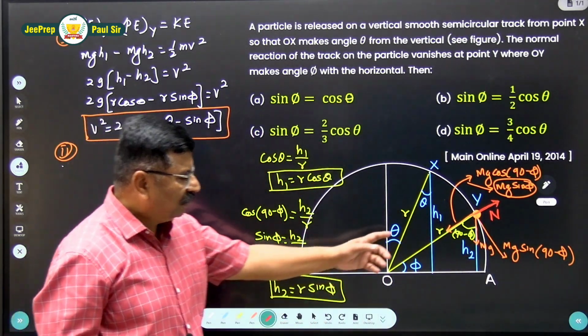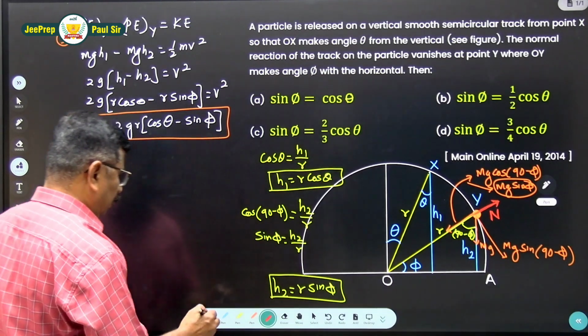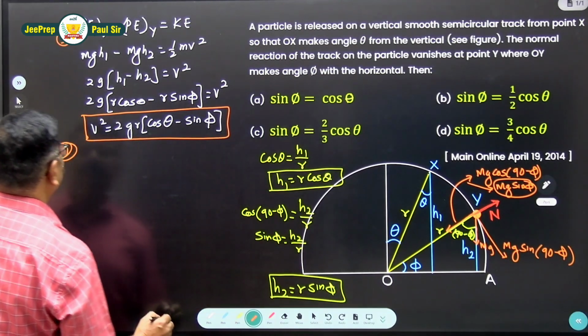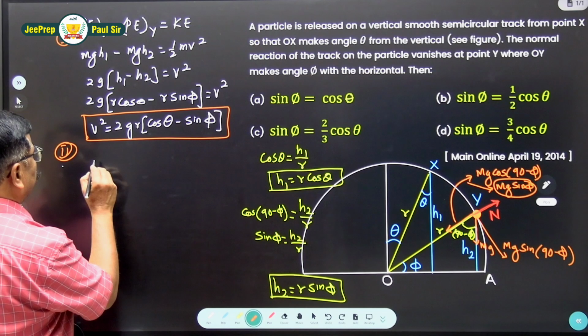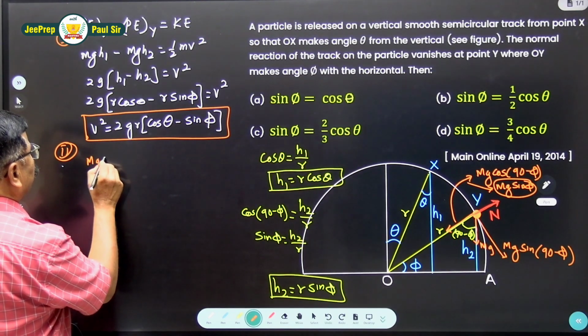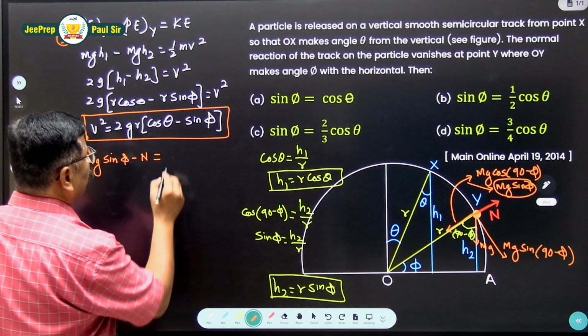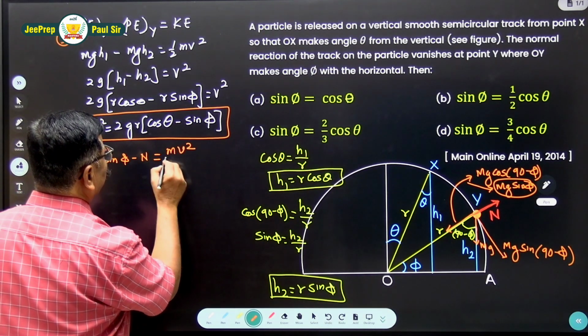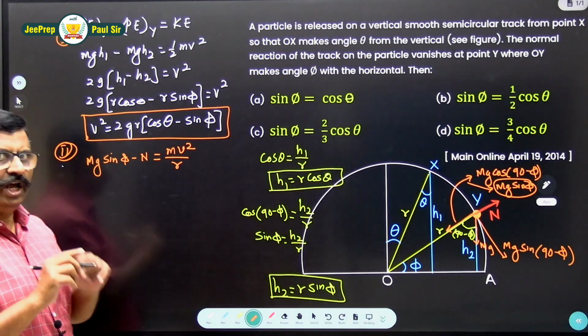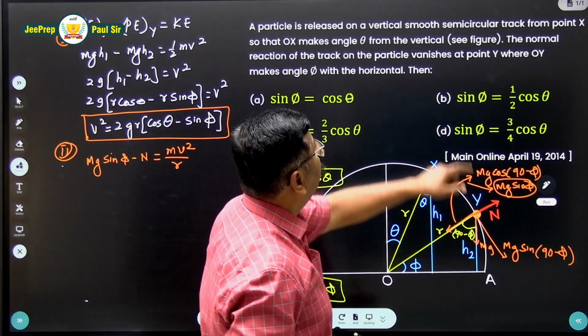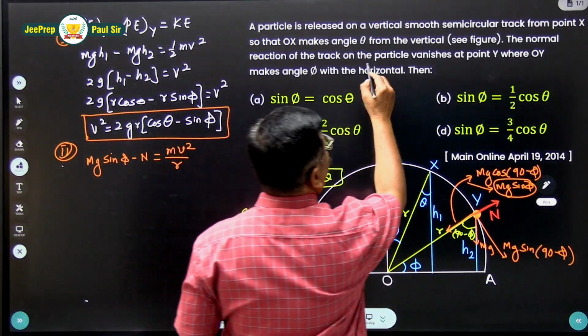So the net centripetal force here is mg sin phi minus N is equal to mv square upon r. Now they have mentioned that at point Y the normal reaction vanishes.